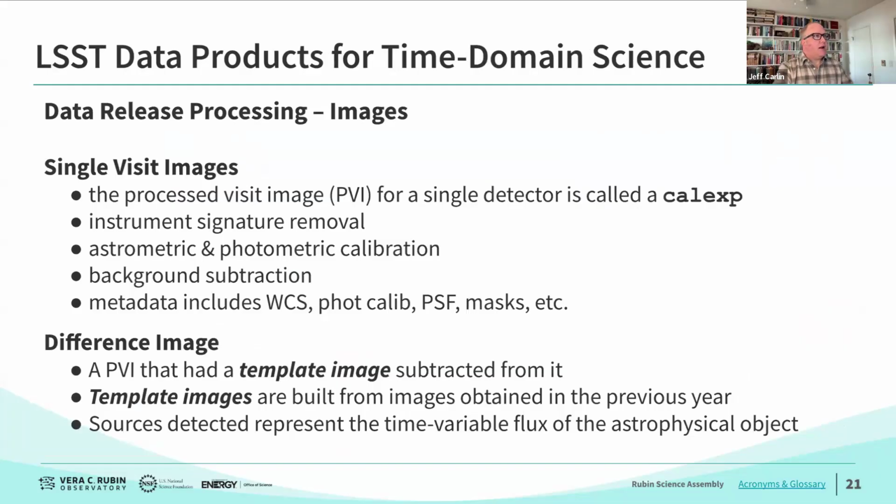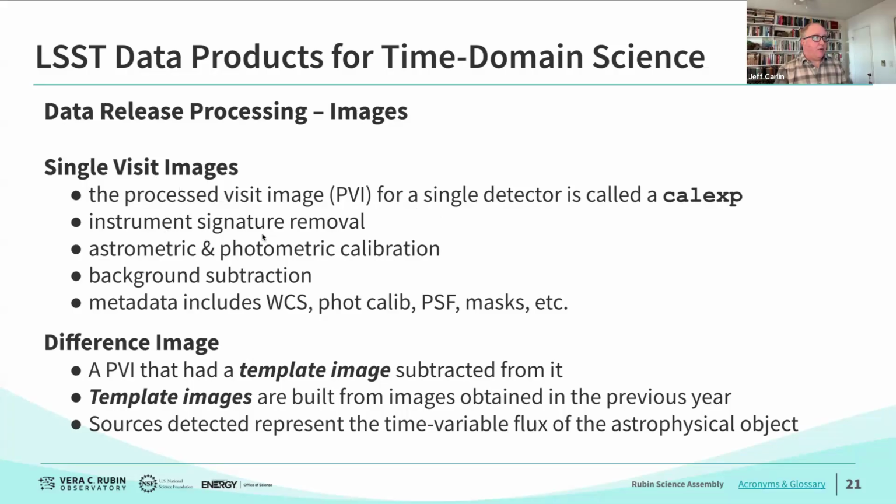So the products that are relevant for time domain science include, as far as images, the single visit images, where you'll have the processed visit image. That's the image with all of the instrument signatures removed. For a single detector, that's currently called a calexp, although that's going to change very soon.